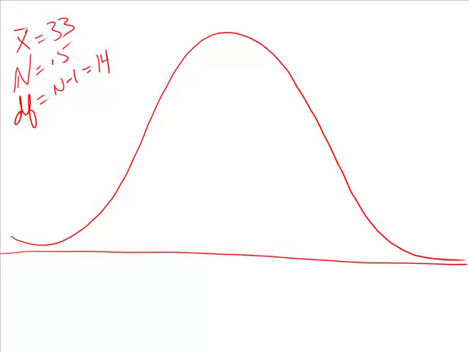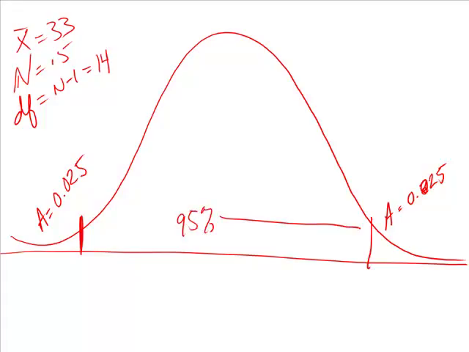We're going to use that because we're going to put 0.025 in both tails, which will leave 95% in the middle.